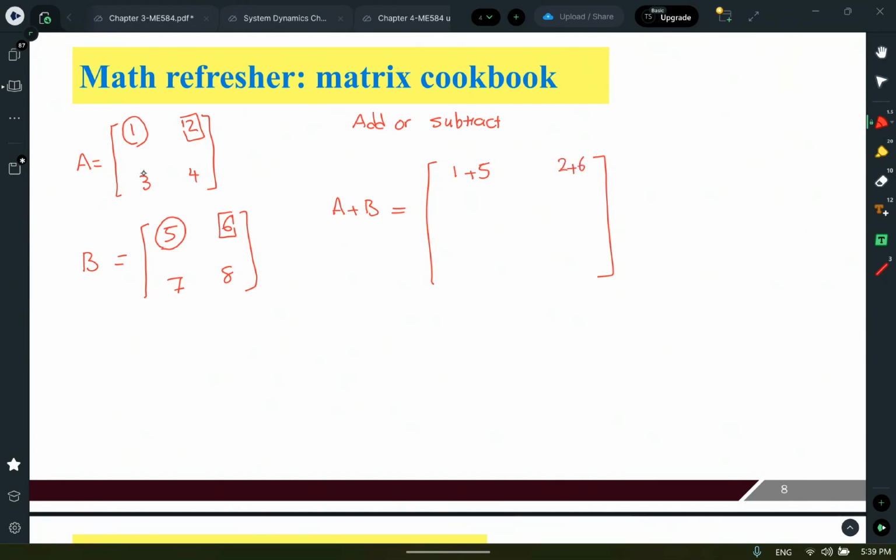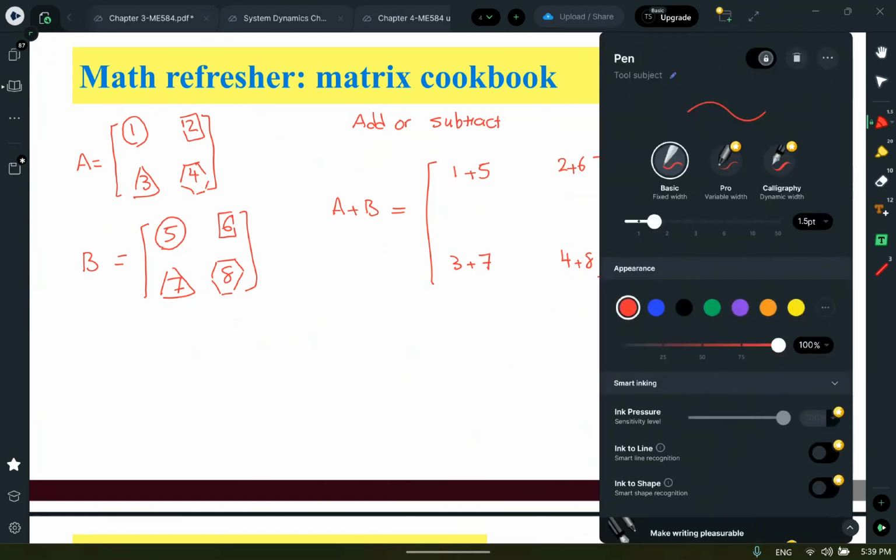Then another one is 3 and 7. They're going to be added to each other. And at last, you're going to have 4 and 8. They're going to be added to each other. Good? As easy as this.